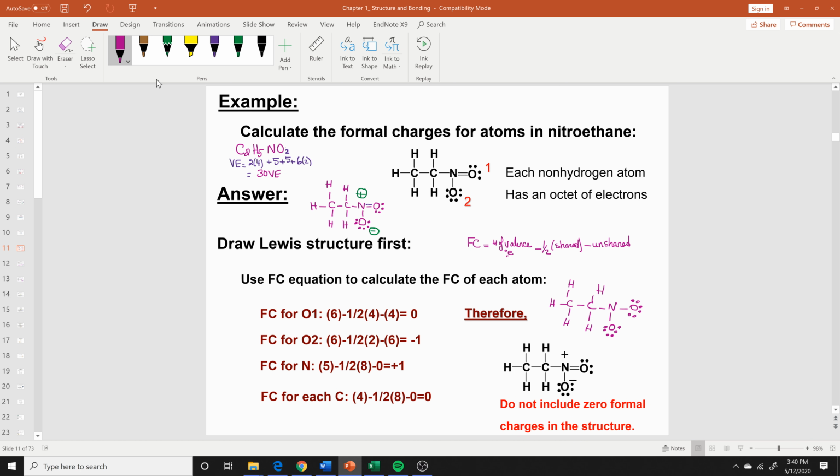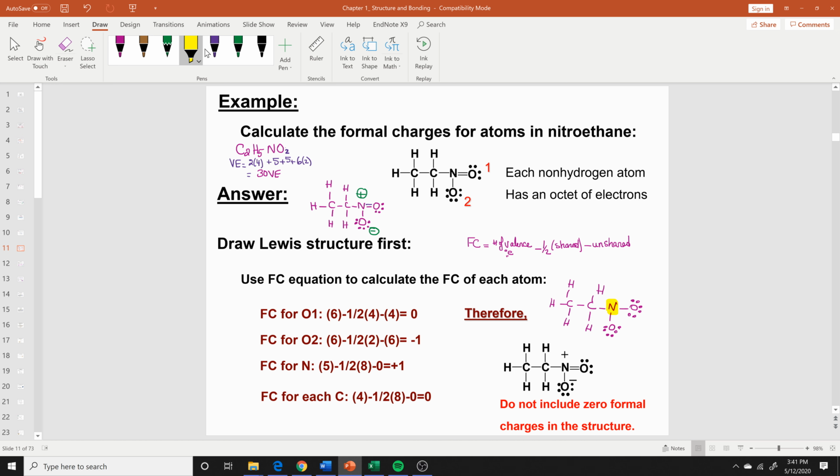Everything is an octet, except what? Except the nitrogen. The nitrogen is not an octet because it has only 6 electrons. It should have 8; nitrogen should have 3 bonds and a lone pair. So what I would do over here, let me make sure that I did that right.